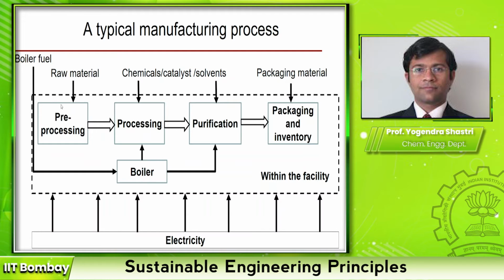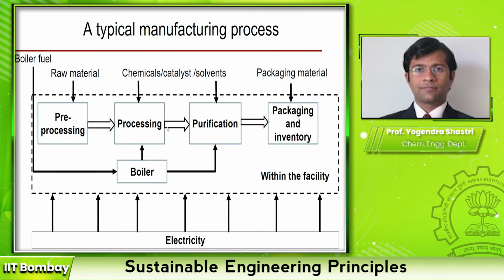But the raw material will first go through some kind of pre-processing, could be size reduction, drying, purification and so on. It will be followed by some kind of processing or converting it from one form to another. It could be a chemical process, it could be a mechanical process, but some kind of processing will be done. It is possible that in order to do this processing, some additional chemicals, catalysts, solvents or materials will be required, so those will be added.